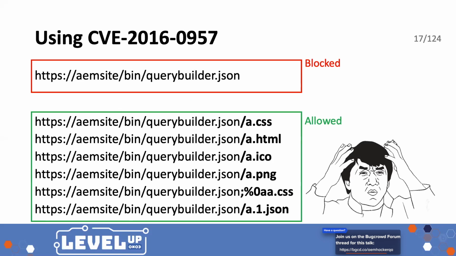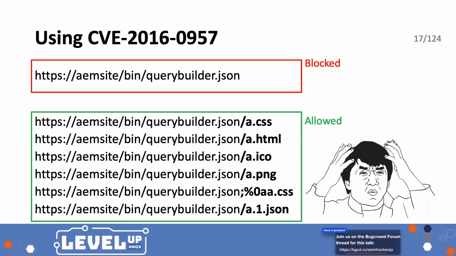So here is the bypass. It's stupidly simple. If we try to access the QueryBuilder JSON servlet on route /bin/querybuilder.json, our request will be blocked by the dispatcher. But if we add /a.css to the URL, we can access the QueryBuilder JSON servlet.